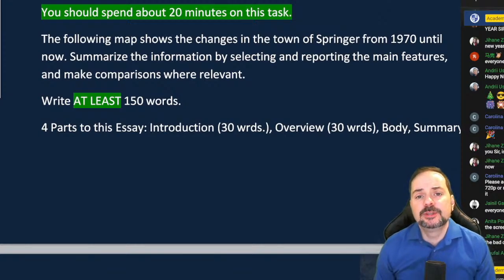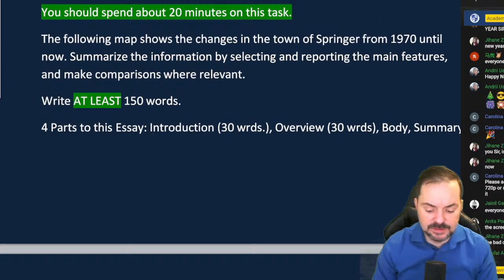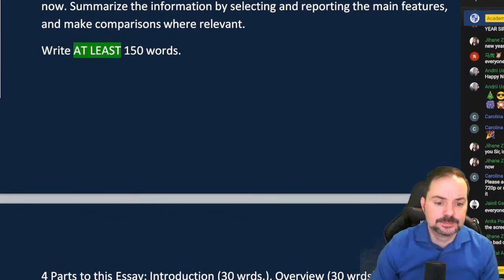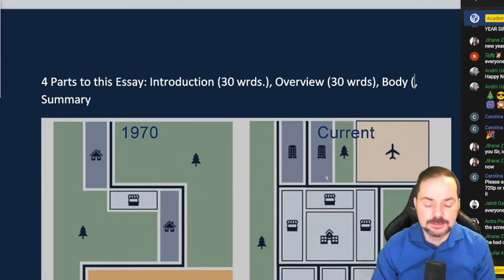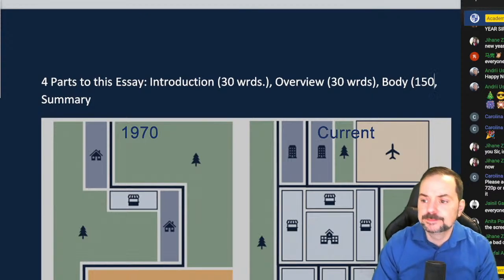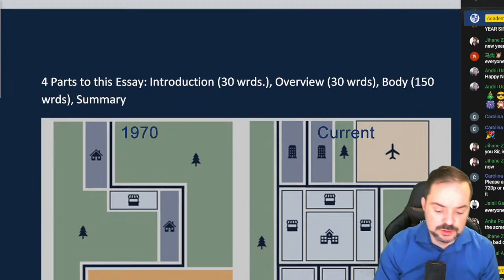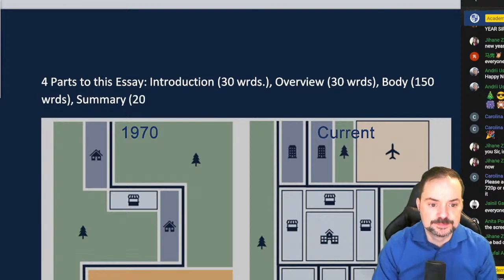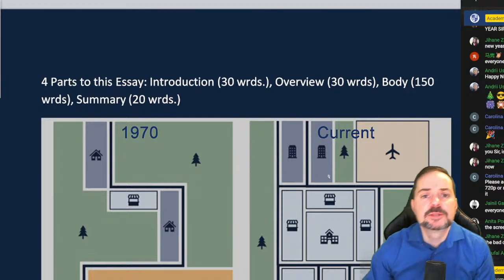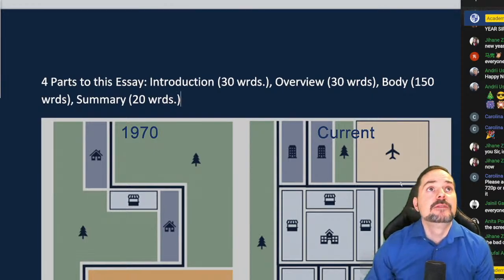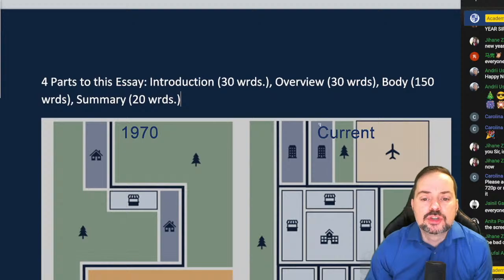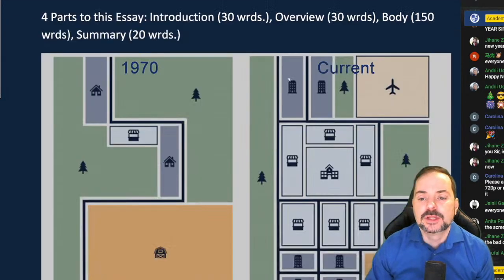The body is going to be kind of the main part of it. So I would say that's like 150 words, roughly, just to give you an idea. And then the summary is maybe like another 20 words, something like that. Again, these are just kind of rough estimates, but it's just to give you an idea of the division, roughly, of what you should be thinking when you're putting together this essay.